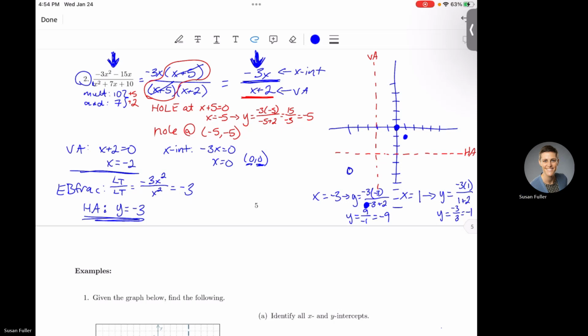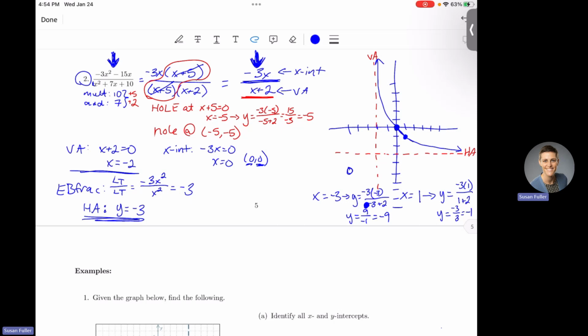Okay. Now, from here, to finish our graph, you're going to start at one of your points, connect it to the other one, go through it, and then go to the asymptote that you're heading toward. And again, we're going to reverse that. I'm going to start at the other point, connect it to my original, go through it, and then keep going toward the asymptote that you're heading toward.